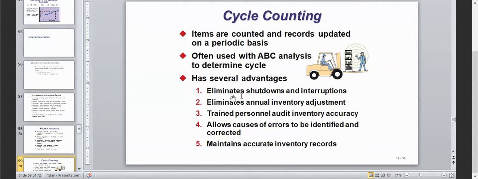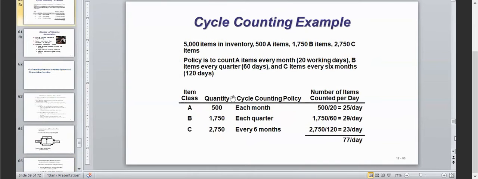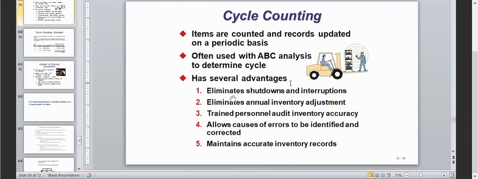First, it eliminates shutdown and interruption, eliminates annual inventory adjustment, has trained personnel audit inventory to ensure the record is accurate, allows causes of error to be identified and corrected, and maintains accurate inventory records. So of course, accuracy of the record is very important.